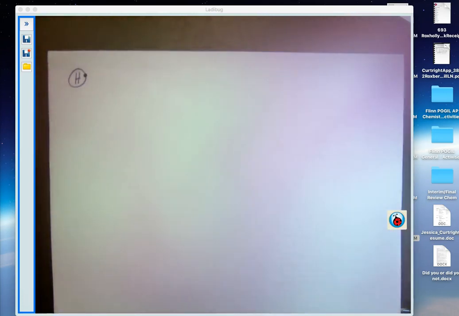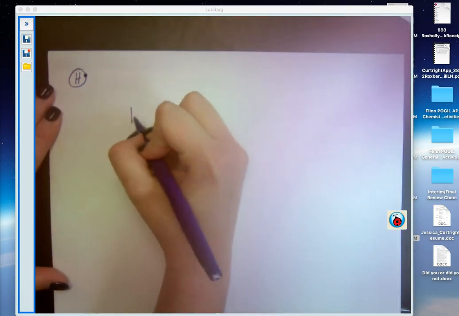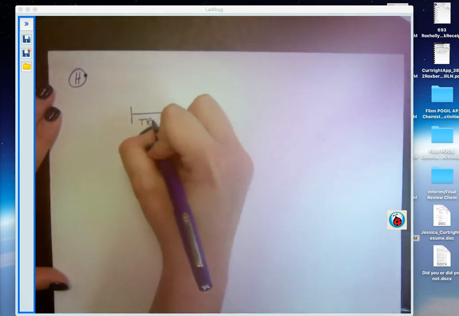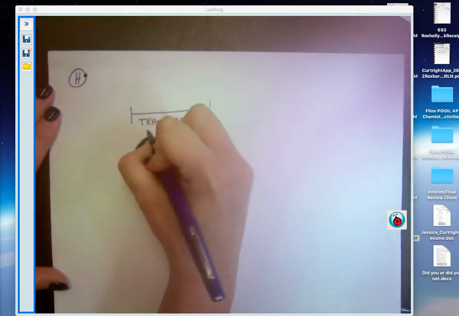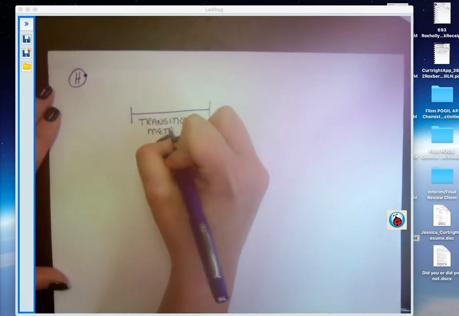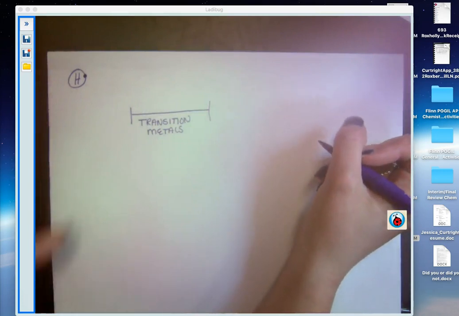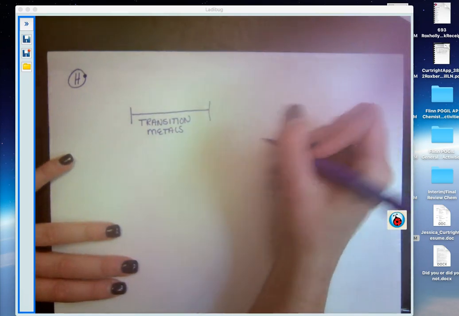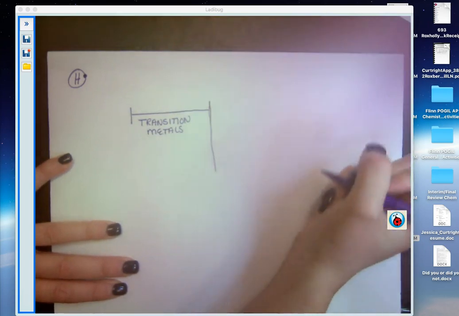Now I'm going to leave a little bit of room for what we would consider to be the transition metals. Not as much room as they actually have. They actually take up 10 blocks going across the periodic table, but I'm going to leave that space there for right now, and then I'm going to come over here and kind of catch up.